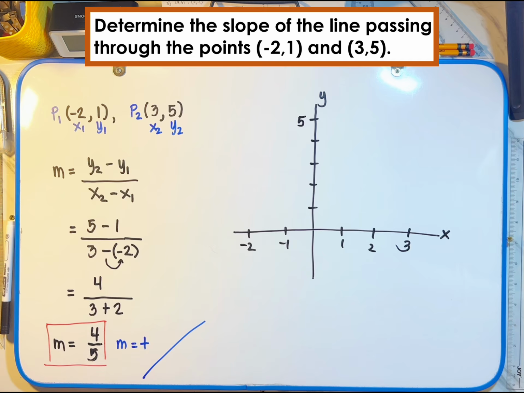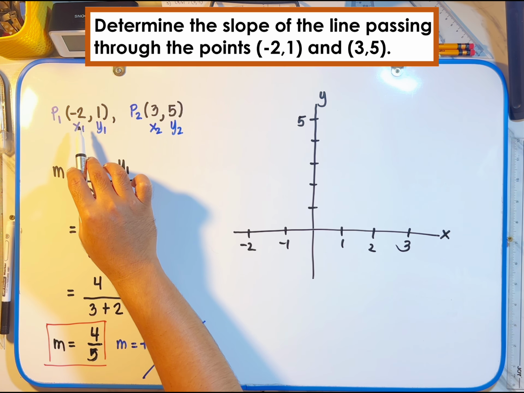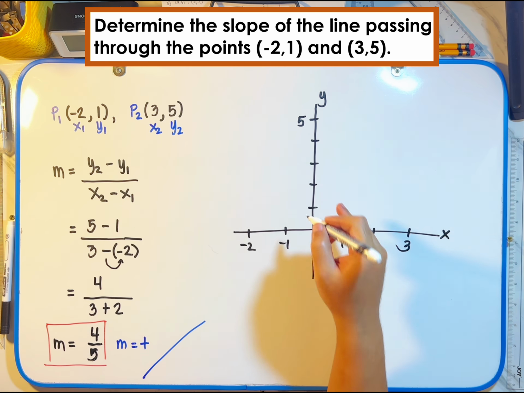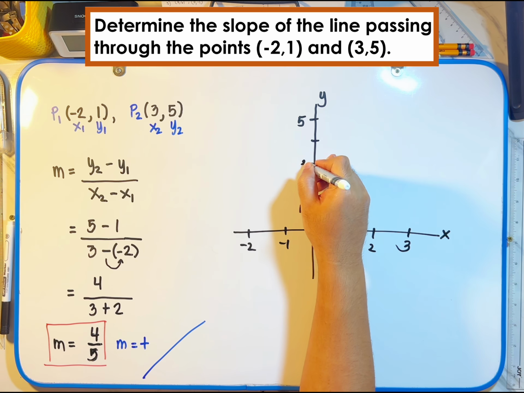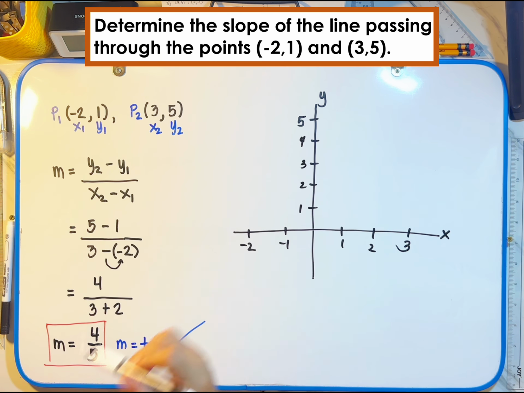Okay, so let's say this is our coordinate plane system. Let's plot the point negative 2, 1. So negative 2, 1 is this point right here, okay?